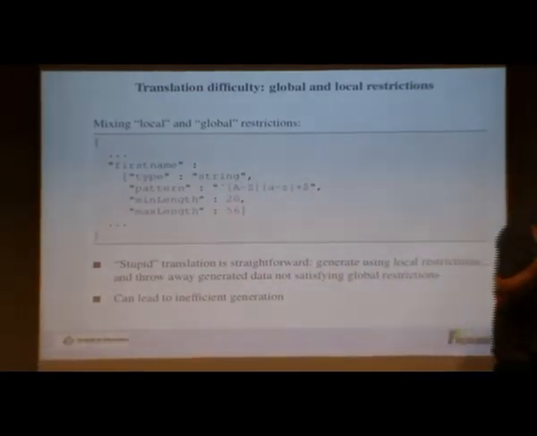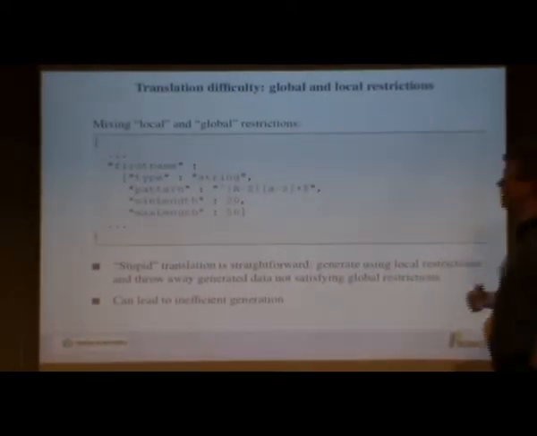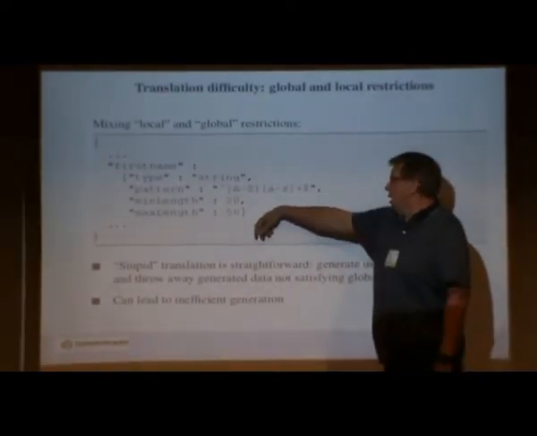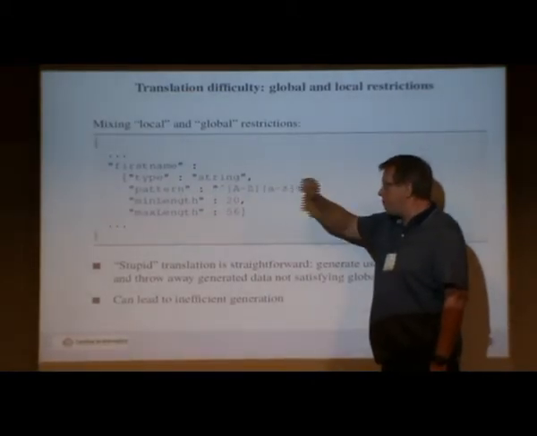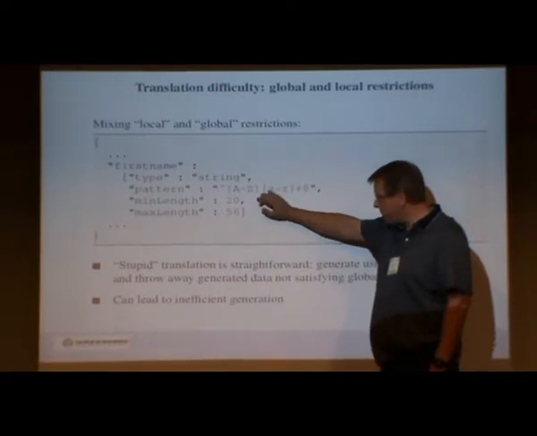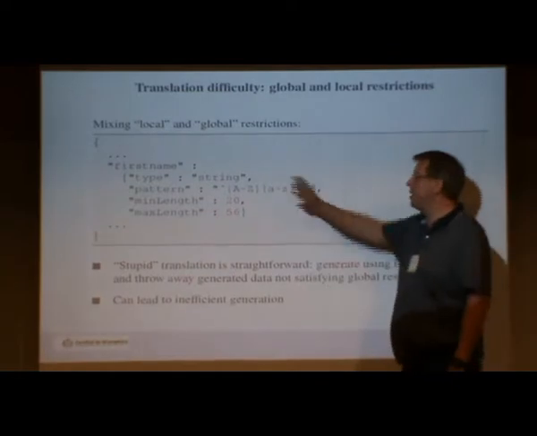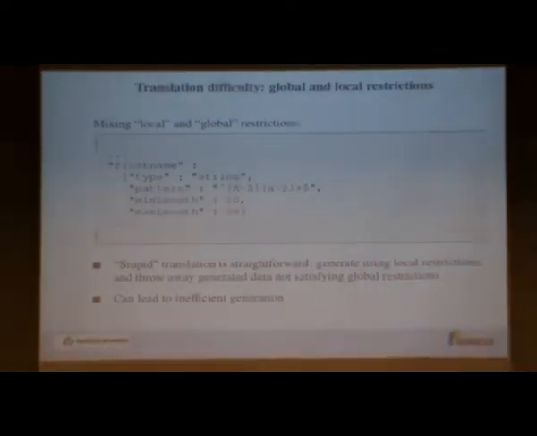And of course, this is a well-known problem in test data generation, that this can lead to inefficiency. For instance, in this case, it's probably pretty probable that the names you generate are going to be rather short, so you're going to throw away a lot of names. This is going to take a lot of time to generate data. So it's not ideal, but it's what we do for now.